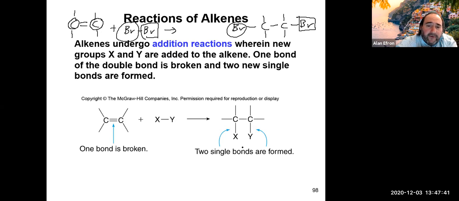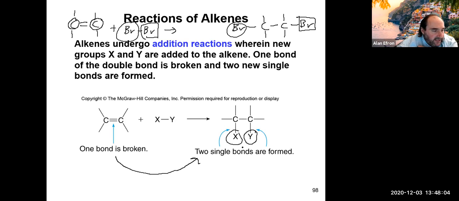And like I said before, there is definitely a lot more happening here than just that. And when you talk about mechanisms in real organic chemistry, you'll learn about what is all transpiring to allow this to occur. But ultimately, what happens is we go from a double bond to a single bond that allows space for each of those to be added.